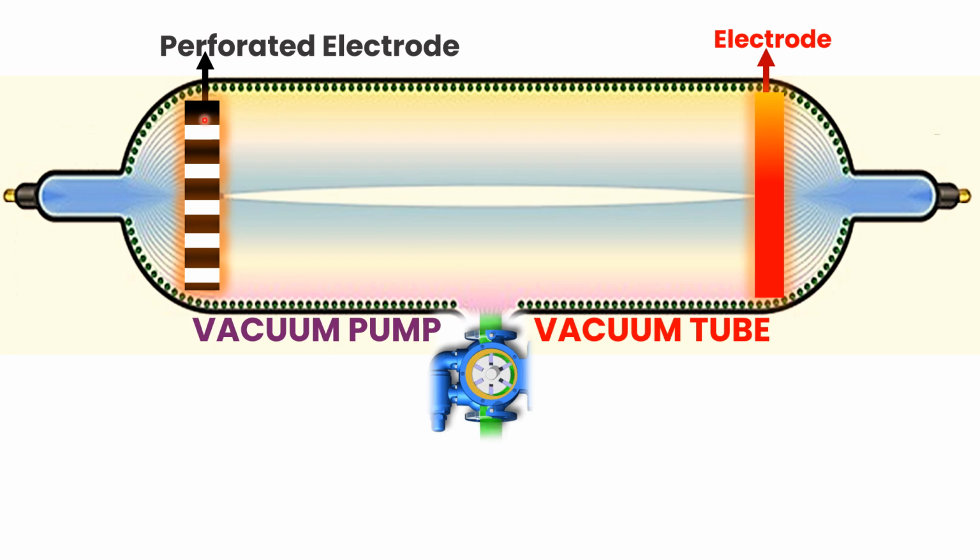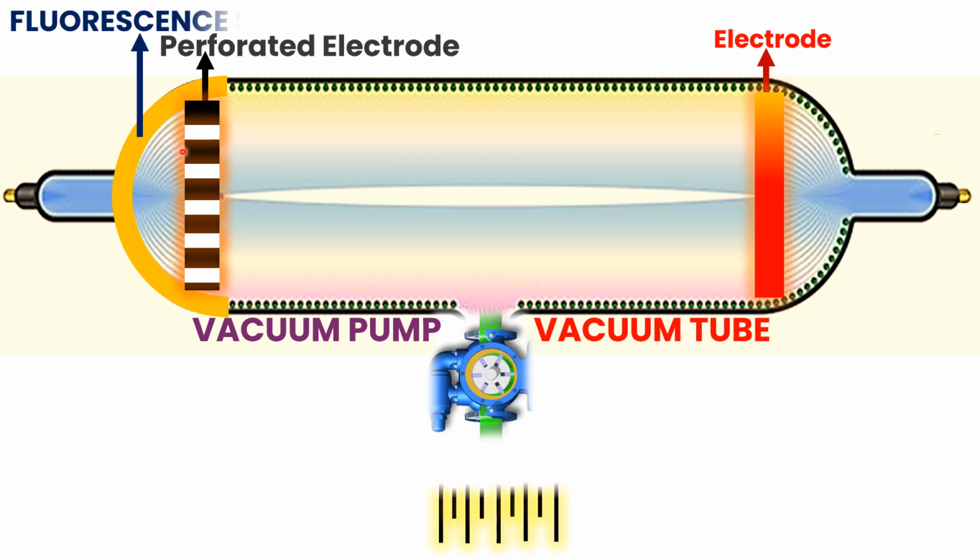Another interesting point to notice here is that Goldstein kept a fluorescent screen behind the perforated electrode, and the fluorescent screen was made of zinc sulfide.